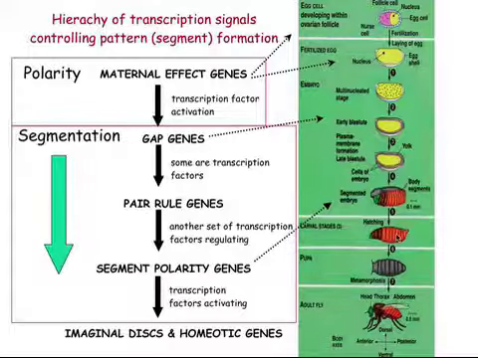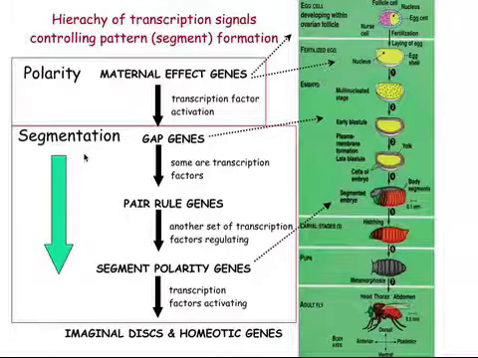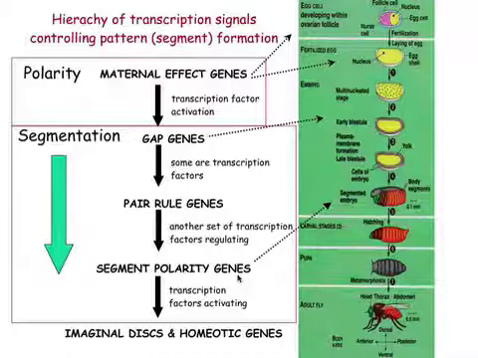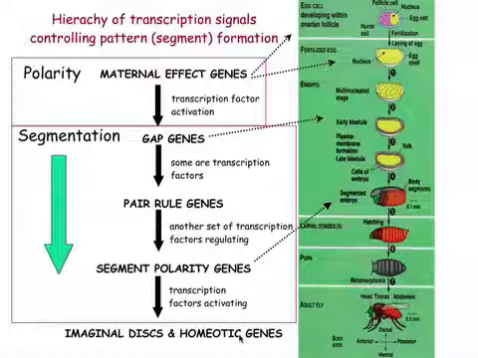So we're looking at the factors that govern the formation of these segments. The segmentation genes can be broken up into 3 groups: the gap genes, the pair rule genes, and the segment polarity genes. Following this, we talked a little bit about homeotic genes and how they affect development of body parts.